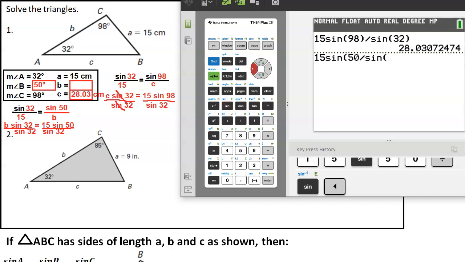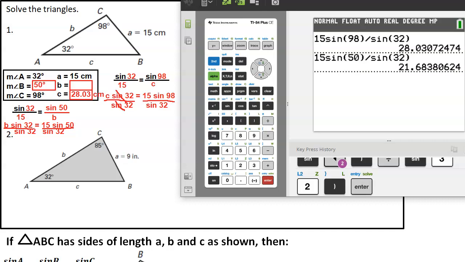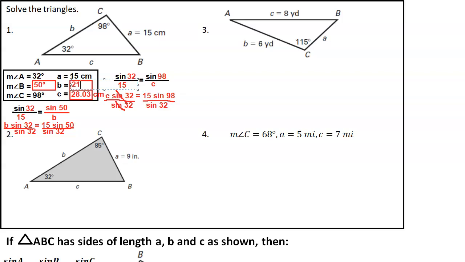If you don't close that set of parentheses before you hit the division symbol, it's going to screw you up. So again, I didn't mean to do that, but I'm glad I did, because that's going to be the most common mistake people get on their calculator, is they're going to forget to close that first set of parentheses before they type in the division symbol. Anyway, so that would give you 21.68 centimeters.